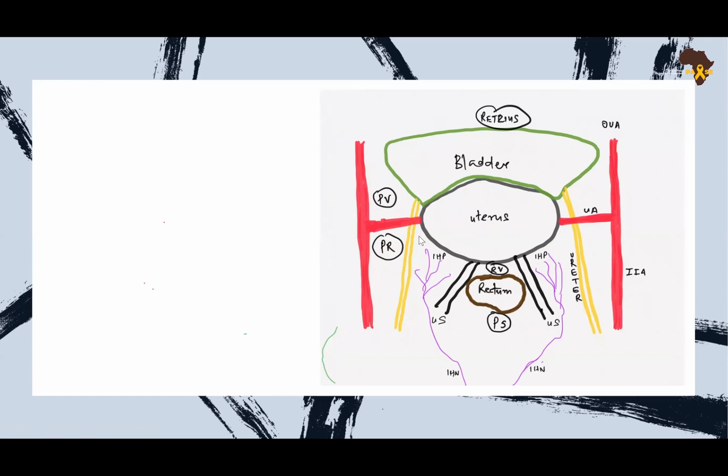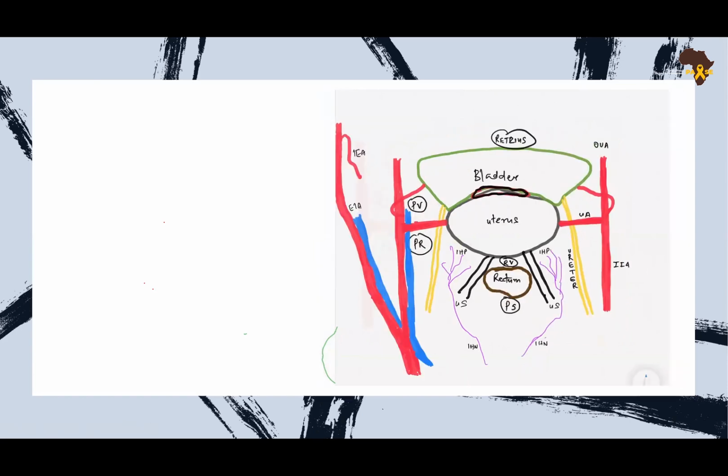Moving further and creating more spaces and layers over this area, you will see the external iliac artery going all the way, no branch in the pelvis, the inferior epigastric branch there, the vein medial to it. This is the internal iliac vein, it is usually very deep.